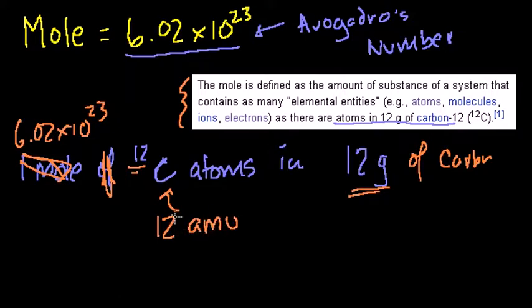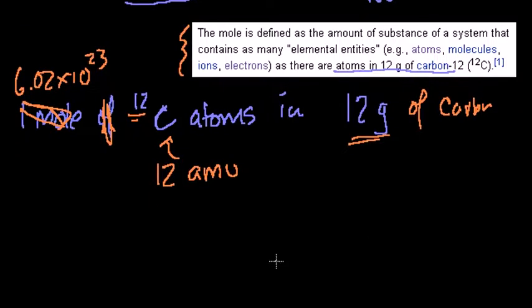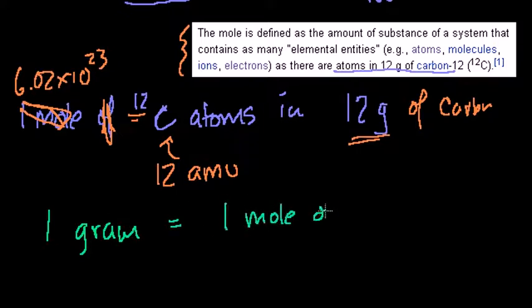So if you have something that has a mass of 12 atomic mass units, and you have a mole of them, or you have 6.02 times 10 to the 23 of them, all of those atoms combined will have a mass of 12 grams. So another way to think about it is 1 gram is equal to 1 mole of atomic mass units, AMUs.